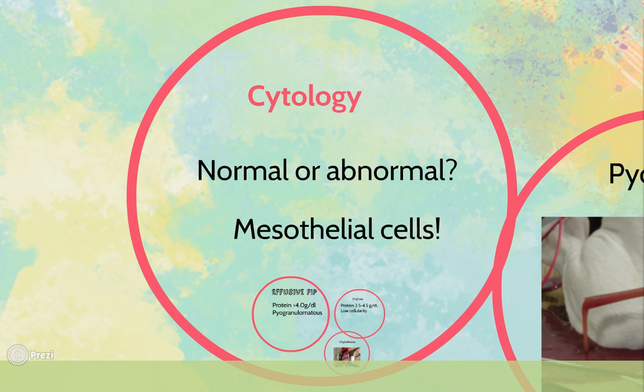And then you might also see some eosinophils, maybe some mast cells, but in very low numbers, and perhaps some red blood cells. Mesothelial cells, we all know by now, I think, can look very different depending on what's going on. They can become activated, they can become reactive. When they're reactive, that's when you tend to see the multinucleation and really dark basophilic cytoplasm.